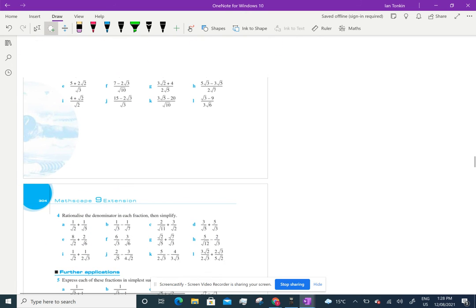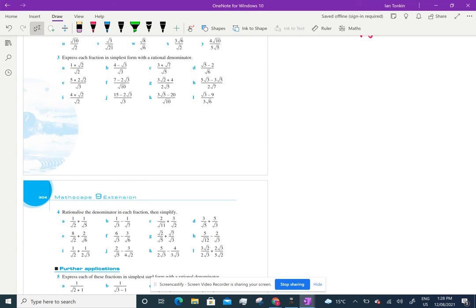So to add and subtract fractions, I need common denominators. Now I know you could get common denominators with surds, but then it gets really difficult. You can do it, but it becomes so hard. So don't try and get a common denominator.